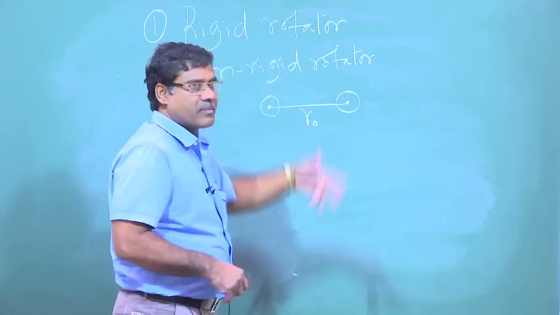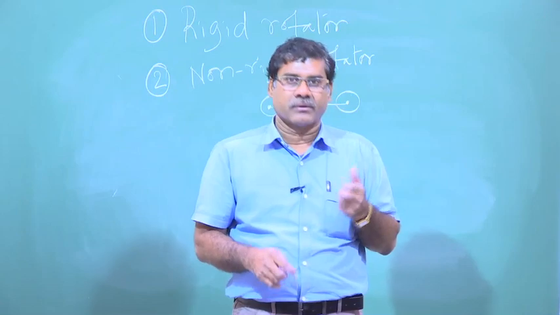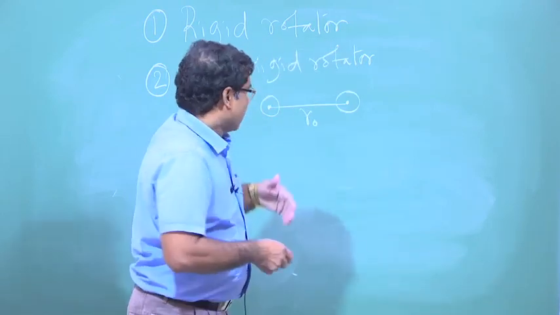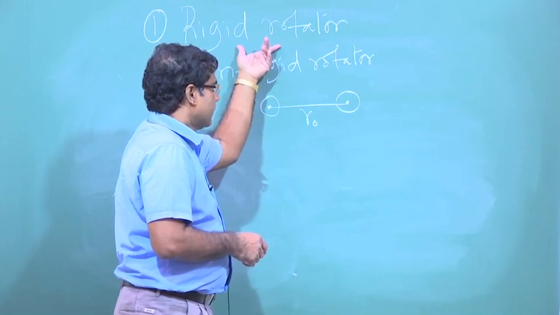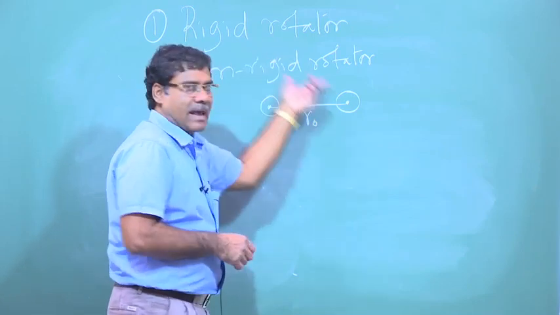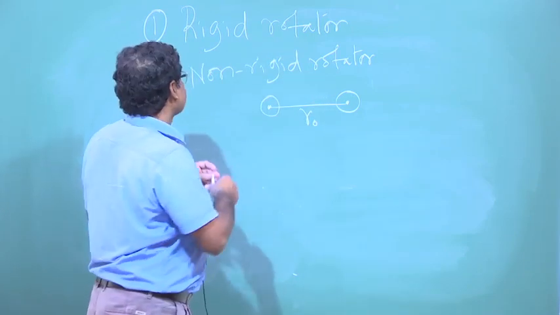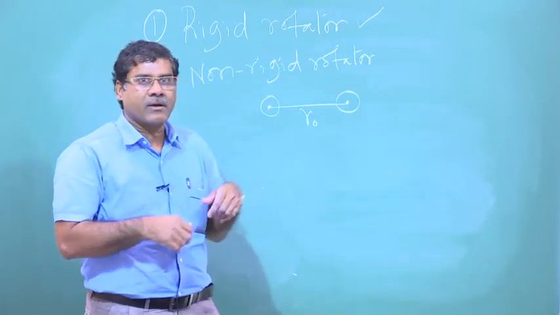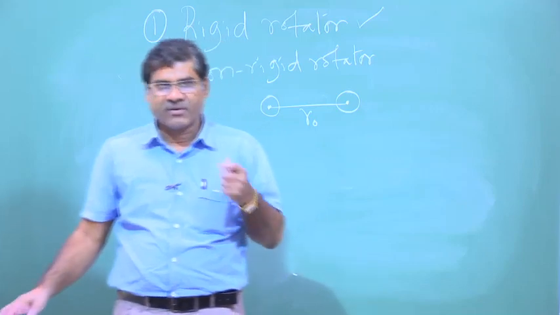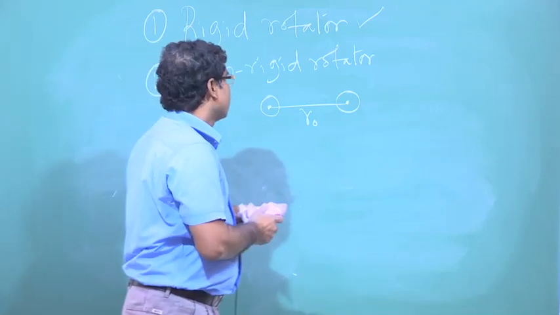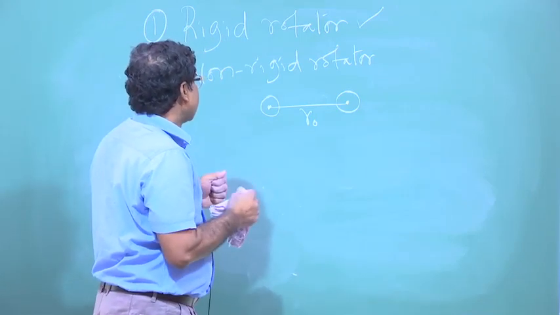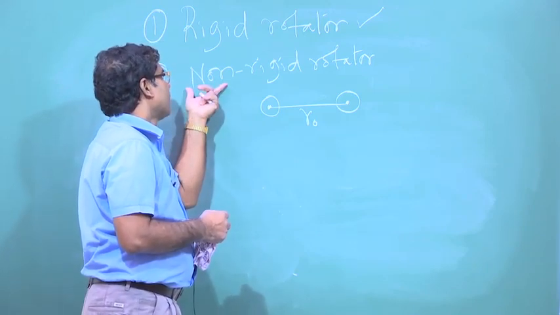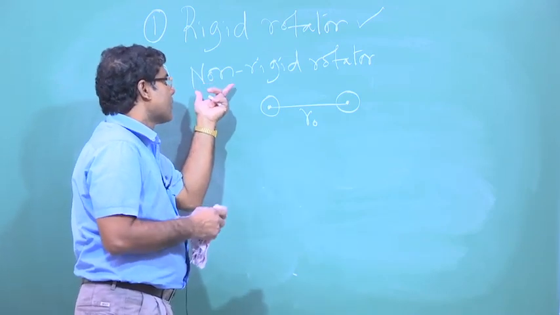But for simpler calculation, let us first consider this rigid rotator, and then later on we will see what effect is due to the change of bond length, when it will be the non-rigid rotator.